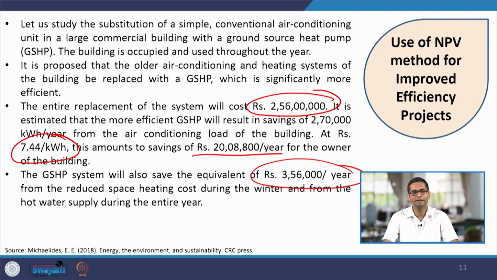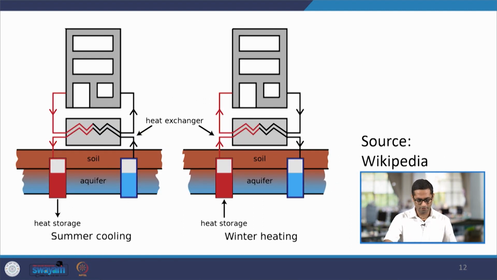The ducting and the air conditioning vents can remain the same, but it would still need an initial investment of 2.56 crores, and because of this investment, it is expected to lower its electricity bill in the future. It is estimated that it will be saving around 20 lakh rupees a year for the cooling needs and around 3.5 lakhs for the heating needs.